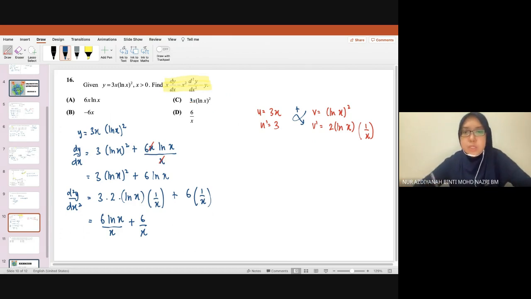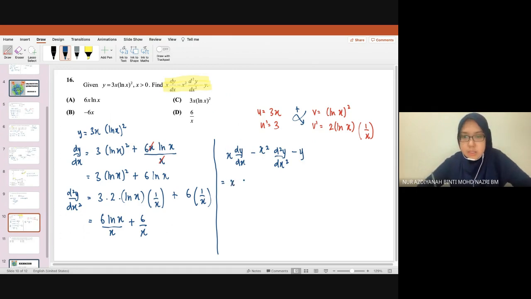Now kita try masukkan dalam persamaan yang kita nak selesaikan ni. Okay, so x darab dengan dy dx. Okay, tolak dengan x square d square y over dx square minus y. Okay, yang ni yang kita nak selesaikan.